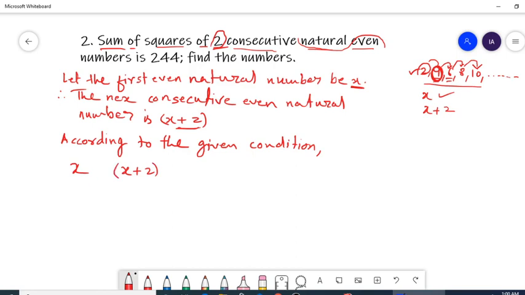The question says sum, which means we need to add them, and of squares means we need to take the square of these two numbers, and that should be equal to 244. So this is the word expression of your question.